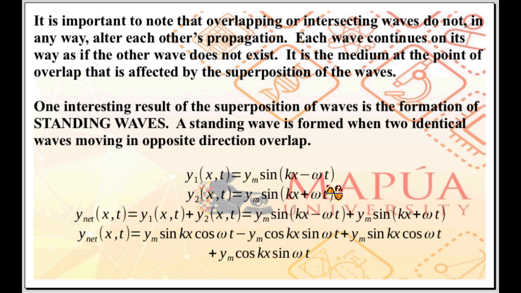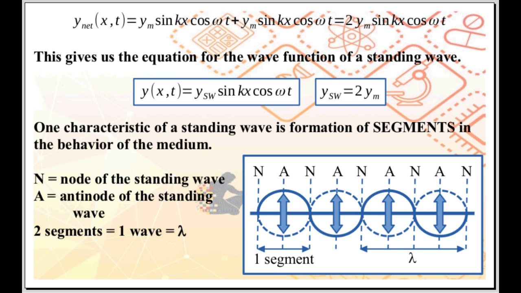If you look at the equation, x and t are in the same parentheses. We can interpret this as there is motion along the x-axis. On the other hand, if we look at the wave function for a standing wave, x and t are separate.